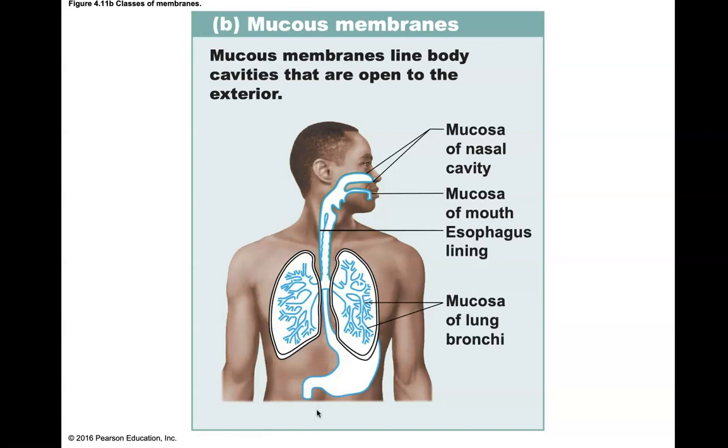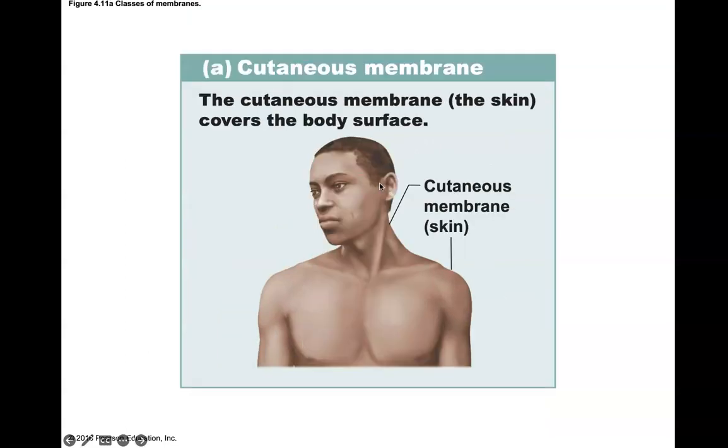Now, please keep in mind that even though mucous membranes are really good, and mucus is good at trapping things, pathogens can still move across those mucous membranes. And so that's why we tell you don't rub your nose, because your cutaneous membrane, your skin, is a really good barrier. Bacteria is not squeezing right through your skin.